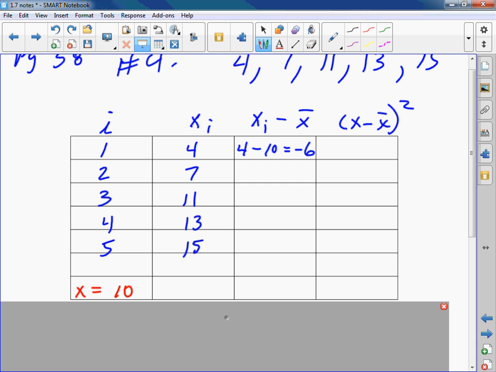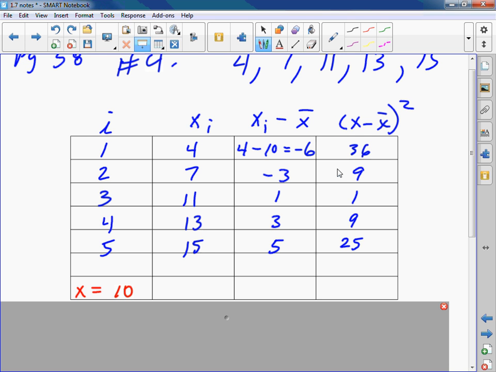And then 7 minus 10, negative 3. 11 minus 10, 1; 13, 3; 15, 5. Okay? So then the next column over, what does it tell us to do? Square this column. Negative 6 squared, 36; negative 3 squared, 9; 1, 9, 25.